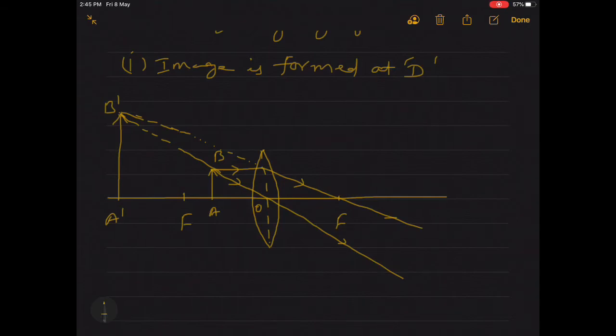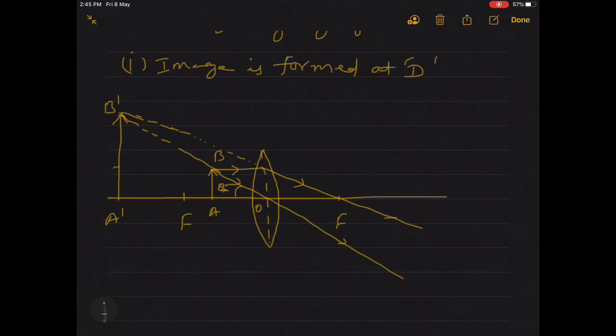So if we use here the angles made by object and image, then we have two important angles. The first is angle subtended by image, and that angle here is theta I.